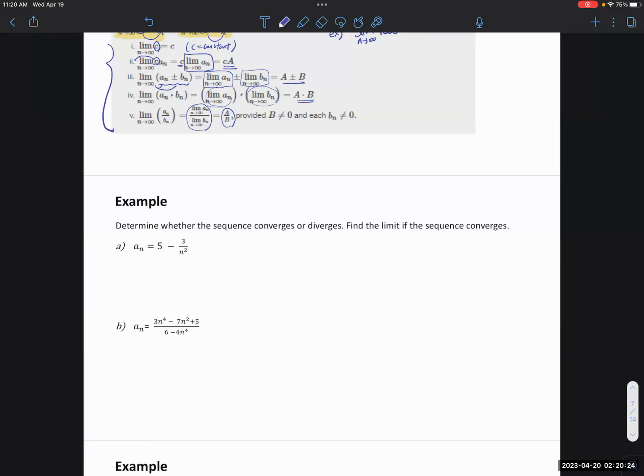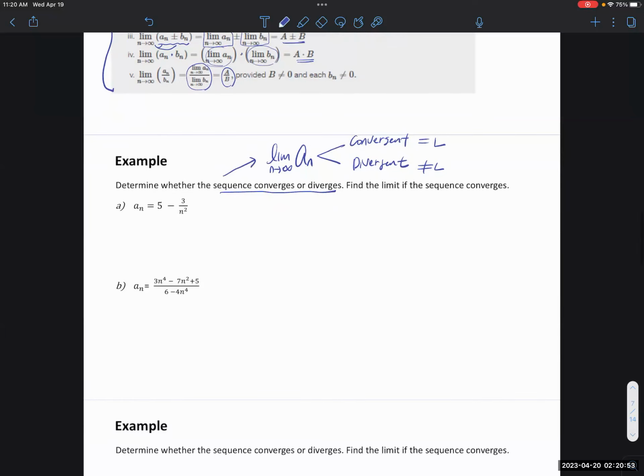Okay, so this means you need to take the limit as n approaches infinity, to find out whether it is convergent or divergent, right? So if there is a limit, or if there's no limit. So that's what it is.